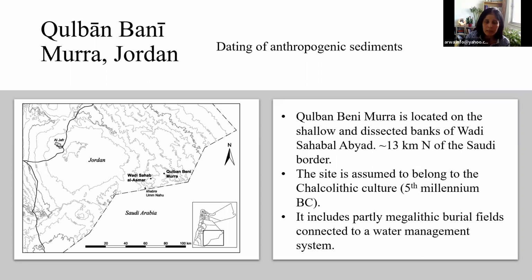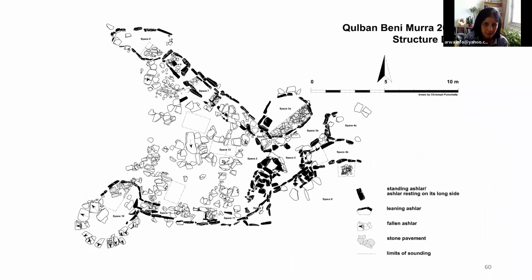Kolban Bani Murrah is a site located in the southern part of Jordan, in the desert area, a very remote area, about 30 kilometers north of Saudi Arabia. The site is assumed to belong to the Chalcolithic culture about 5,000 years before BCE. It includes part of a megalithic burial field connected to a water management system.